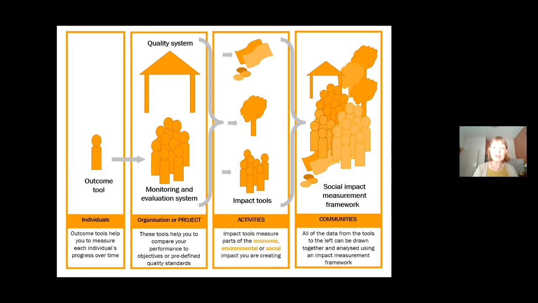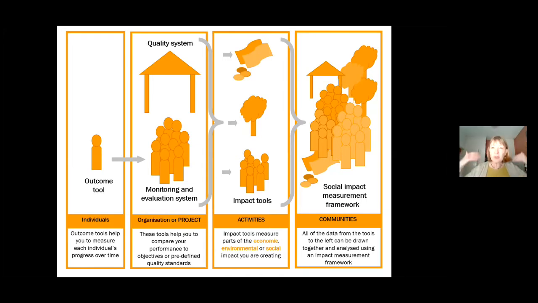Then we have quality systems, which look at both the innate quality of what you do. If you do anything with children, anything around education and learning, you will be assessed by Ofsted. That is your quality system. That says we are basically fit to deliver this service.